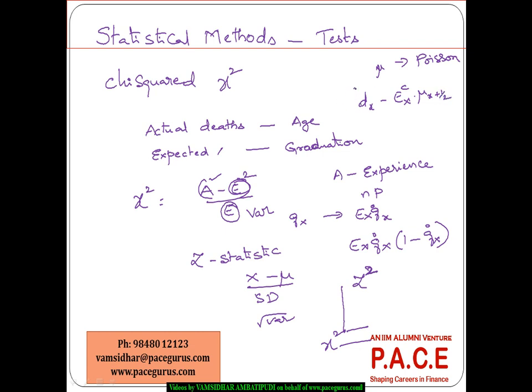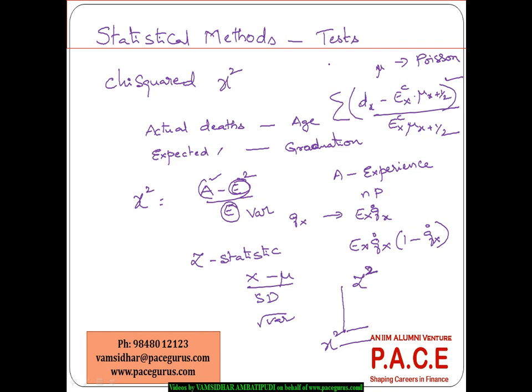So actual minus the expected, whole squared, and that is what I am dividing by the variance, which is again the same in case of Poisson, central exposed to risk multiplied by mu x plus half. So using these mechanisms, I am adding up all the values across all the ages to finally arrive at the chi-square value in this case.